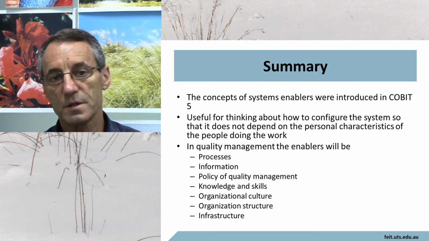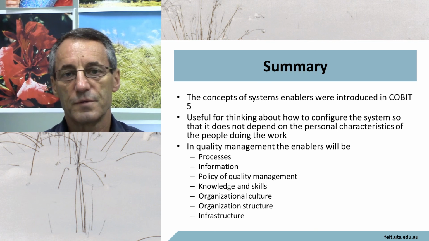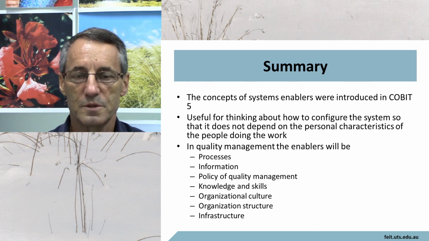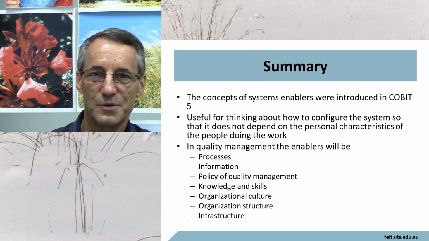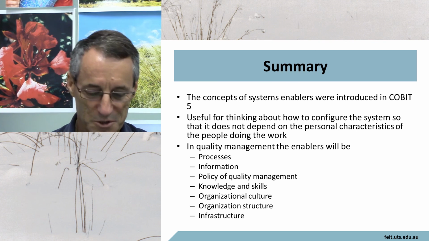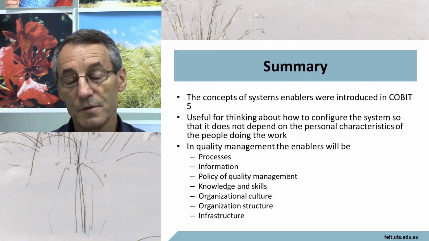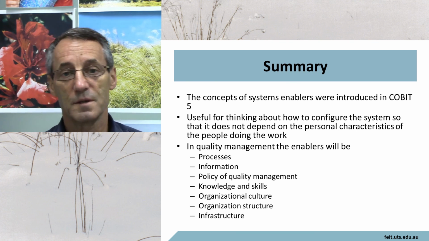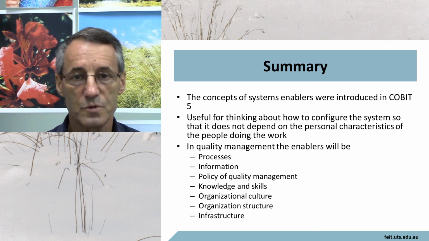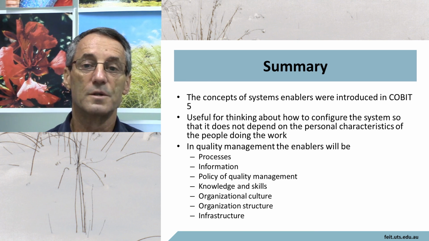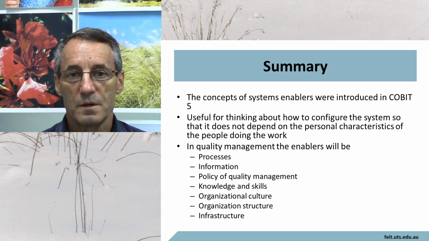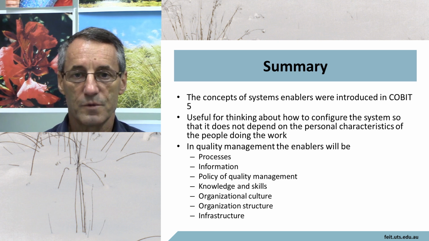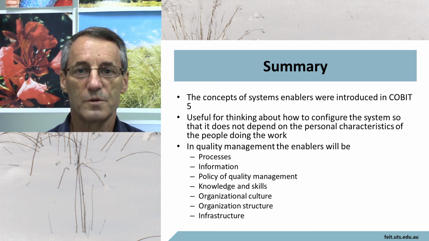The organization structure, if the quality manager, for example, reports to a project manager, then it's probably not going to go that far. So you might want to consider the organization structure of it all, and obviously the infrastructure that's available to you. So the tools and applications that you have available to use within this quality management system. So there you are. We have enablers for systems that help to achieve the organization's goals.